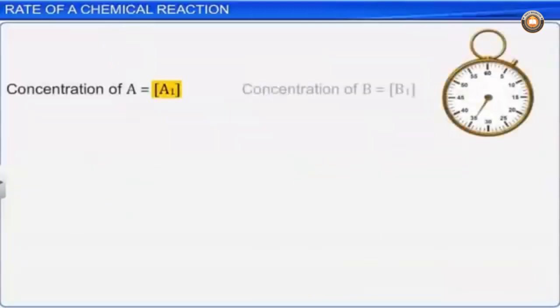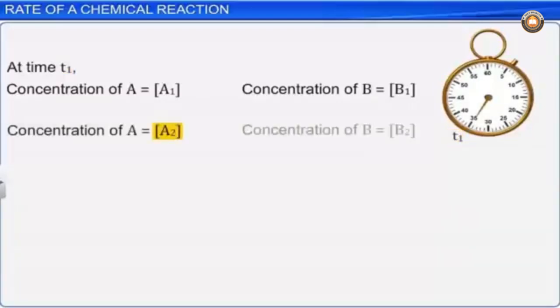Let A1 and B1 be the concentrations of A and B respectively at time T1, and A2 and B2 be their concentrations at time T2.